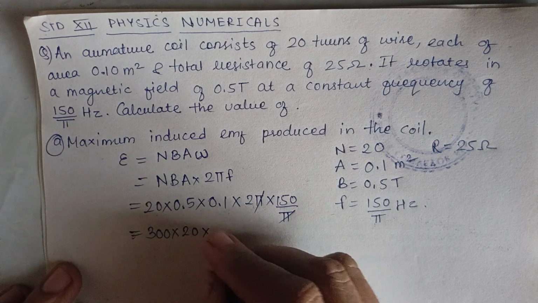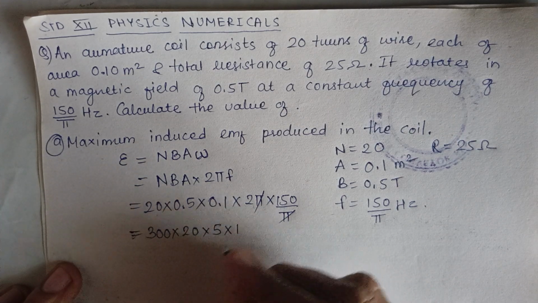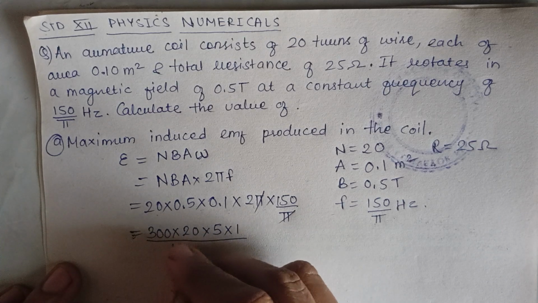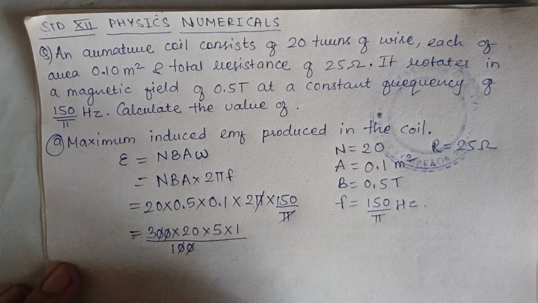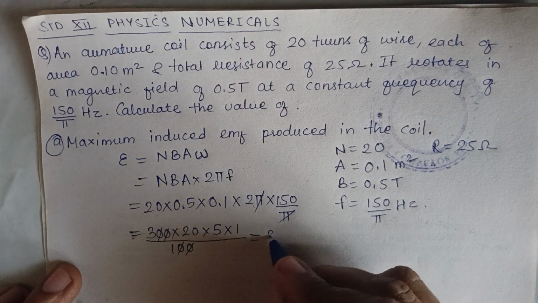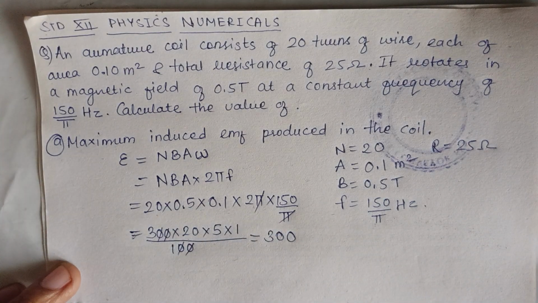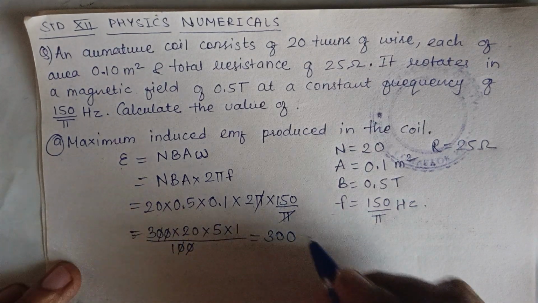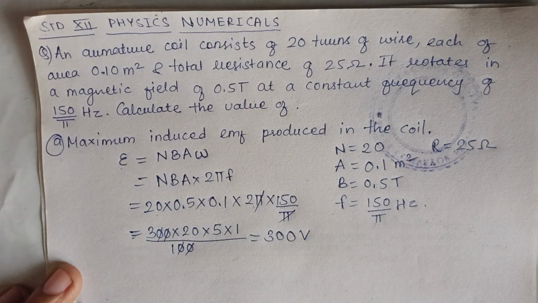So I'll write this as 5 upon 10 and 1 upon 10. Okay, so 100. 25 is 100, 100 into 3, 300. So this is EMF, it is in volts.